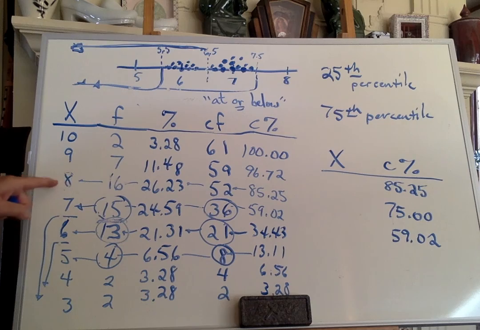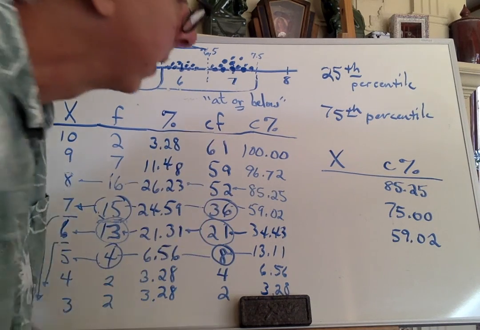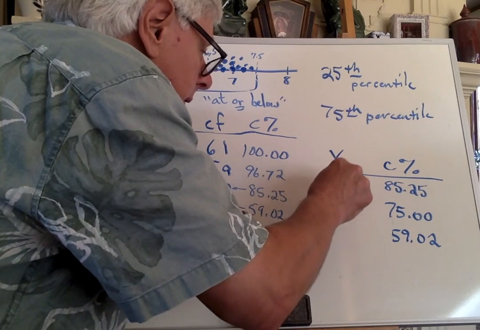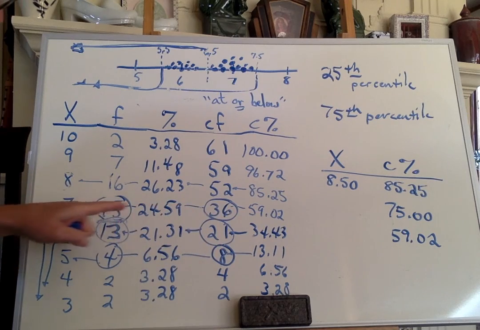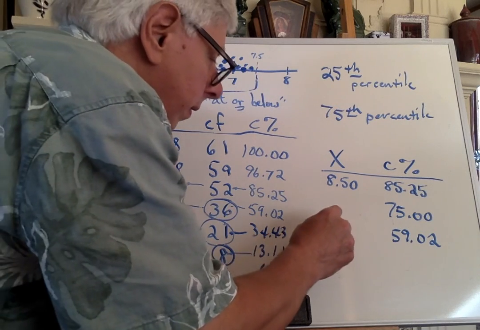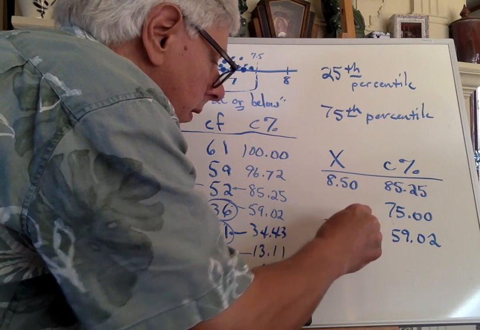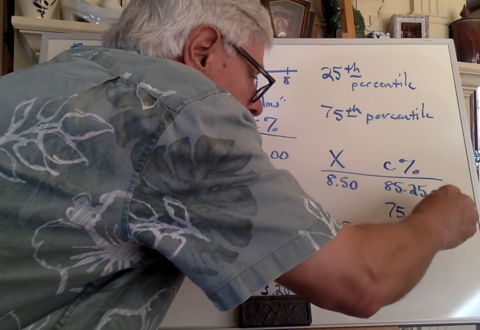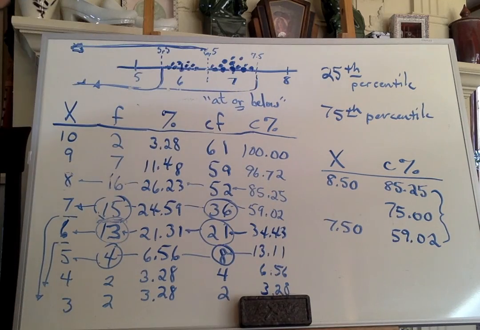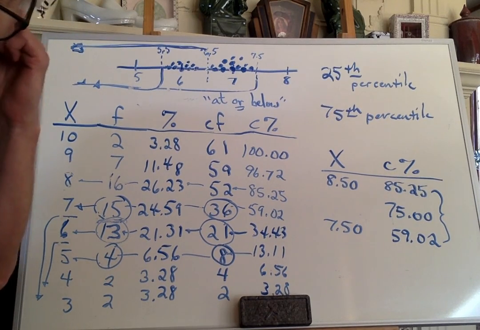85th percentile is 8. But remember, we've got to use the upper real limit. 59th percentile, 7.5. Let's get this entire distance. 85.25 minus 59.02 equals 26.23.